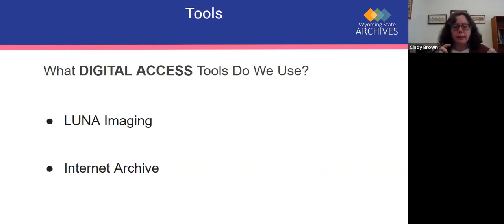But then the public version, the MP3, I put in the Internet Archive, and then I put a link on a PDF document and I throw it in Luna imaging for searching. I know you're thinking, why would you do that, Cindy? It's because the Internet Archive doesn't charge for storage, and we have to pay for storage with Luna imaging. So it's kind of an end run. But it also makes it more widely accessible, which is ultimately our goal.